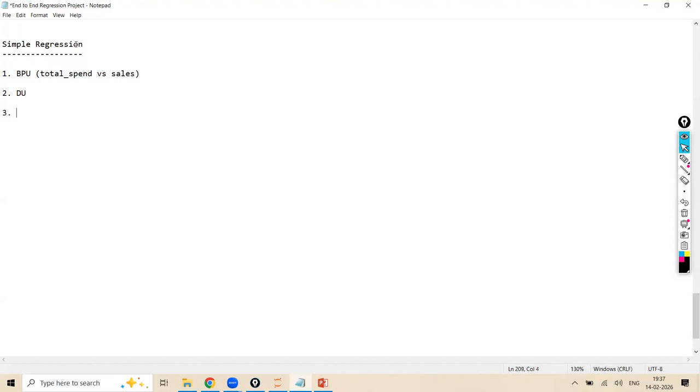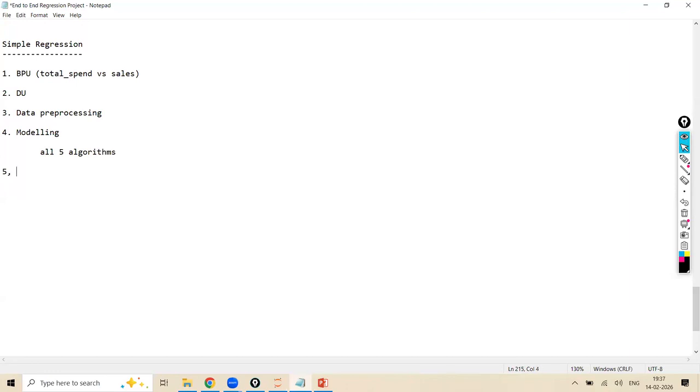Followed by the third one. What is the third one? Data pre-processing. In the data pre-processing, we have completed the train test split also. After data pre-processing was completed, what is the next one? Modeling. And we have done all 5 algorithms. Every algorithm we have implemented.